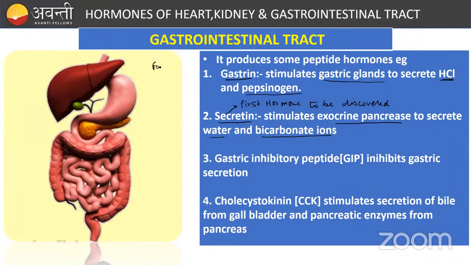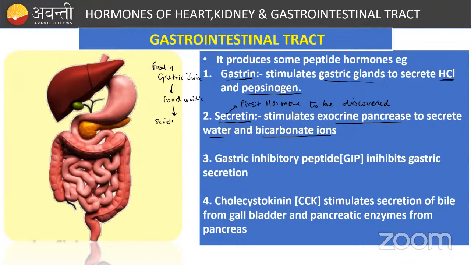Let me just draw a flowchart for you. Food plus your gastric juice, which is secreted by the gastrin. Now your food is acidic in nature. So to neutralize this acidic food, secretin stimulates the pancreas to secrete water and bicarbonate.